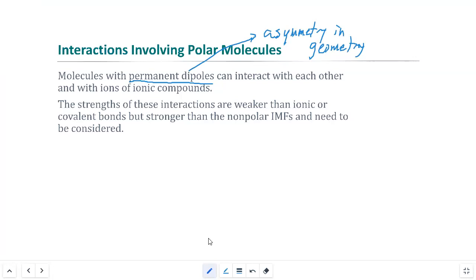So again, going back about a week to where we were last Wednesday, this is all about identification. Can we identify asymmetrical molecules based upon their three-dimensional shape? If we can, those asymmetrical molecules are polar. They have a permanent dipole. They have an area that is always slightly negative and always slightly positive.